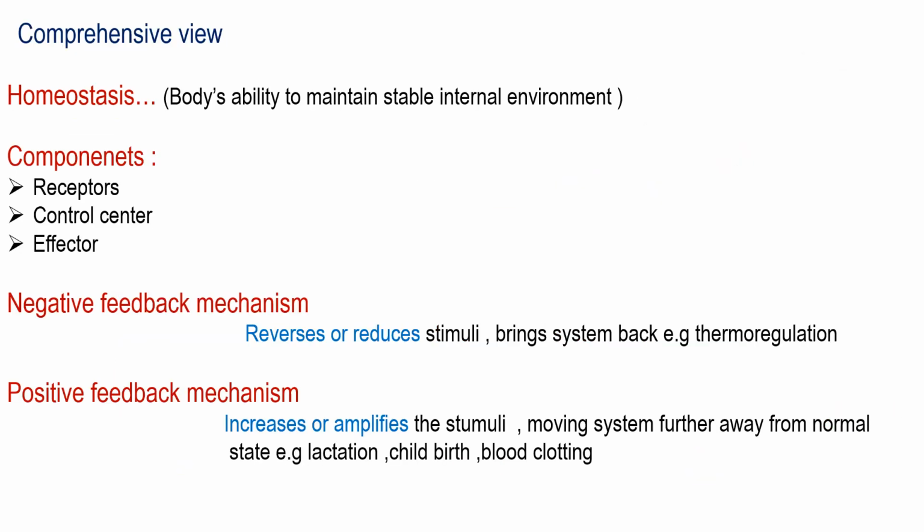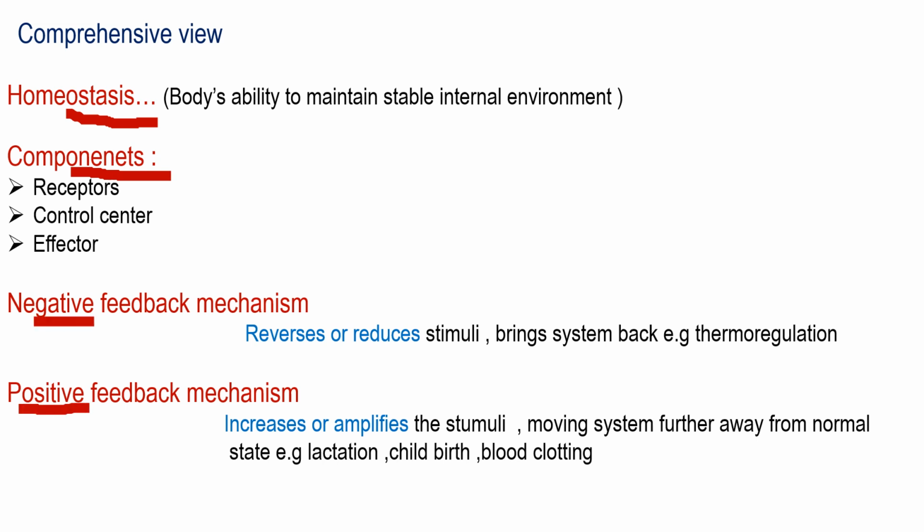Here is a comprehensive summary of the entire lecture. Homeostasis is the body's ability to maintain a stable internal environment. It has three main components that work in coordination with each other to maintain homeostasis. These components are receptor, control center, and effector. Two types of mechanisms are involved in homeostasis, that are negative and positive feedback mechanisms.